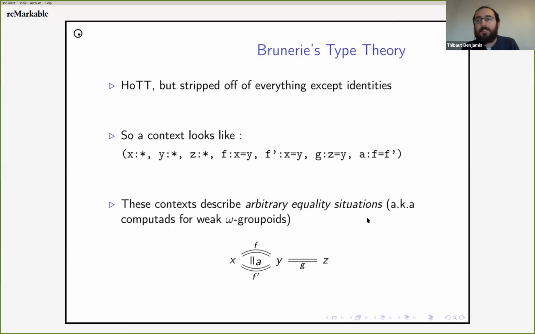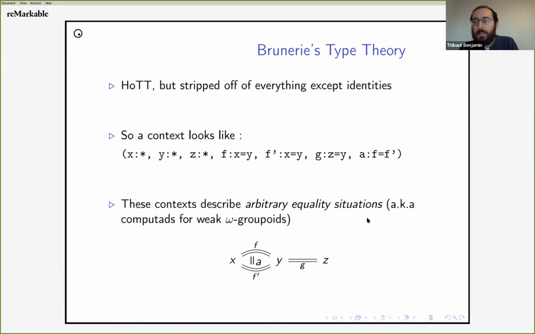And the technical term for that is computed for weak omega-groupoids, but I won't go too much into that. And I'll draw it as this nice diagram where I have X, Y, and Z here. And I just draw the equalities between them as they are indicated in the context here.